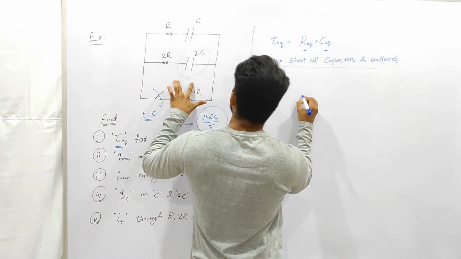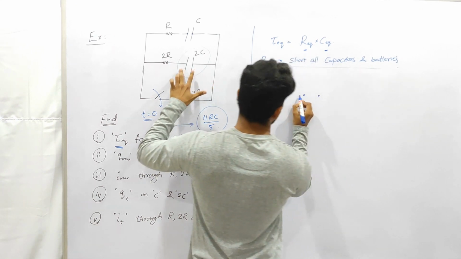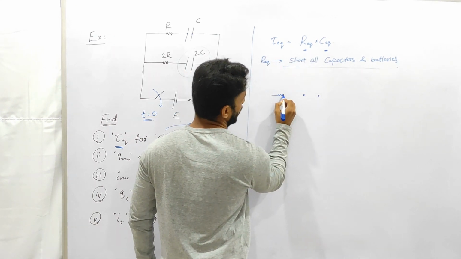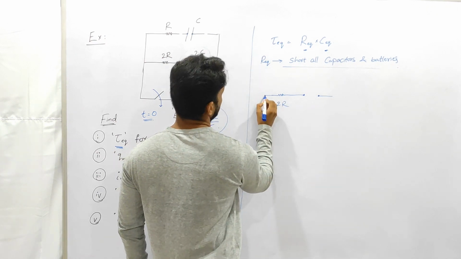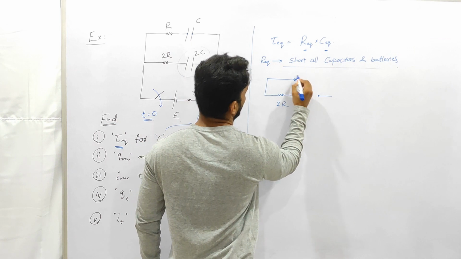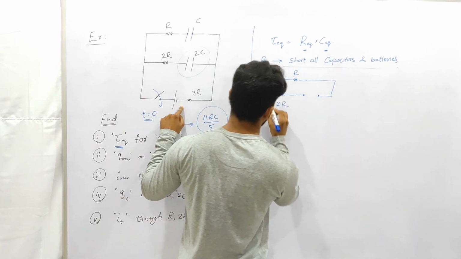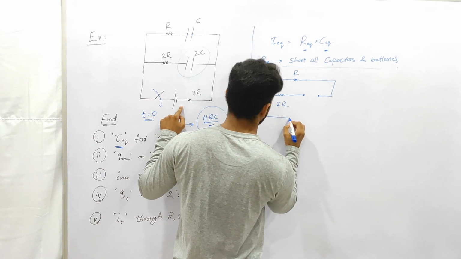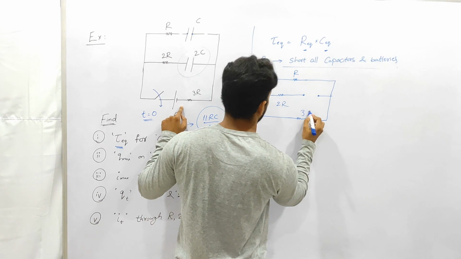So I just draw the circuit for that, across the required capacitor plates. Here I have 2R and here R, and that C is shorted, and here the battery is also shorted, and this is 3R.